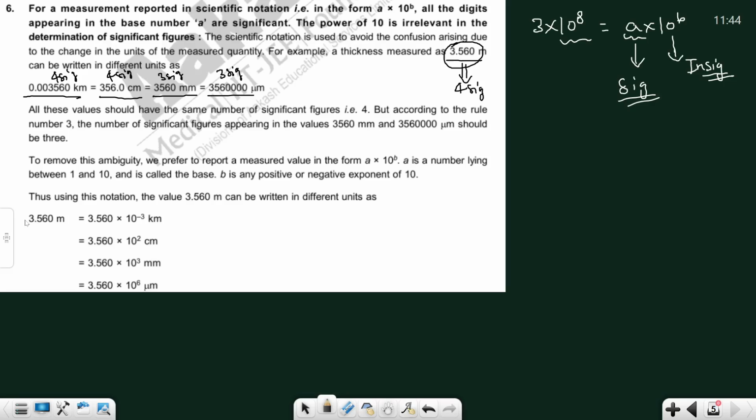So you can write 3.560 in scientific notation: 3.560 into 10 to the power minus 3 kilometer, 3.560 into 10 to the power 2 centimeter, 3.560 into 10 to the power 3 mm, or 3.560 into 10 to the power 6 micrometer. So this is the way to write the actual significant figures in different units. Got it?